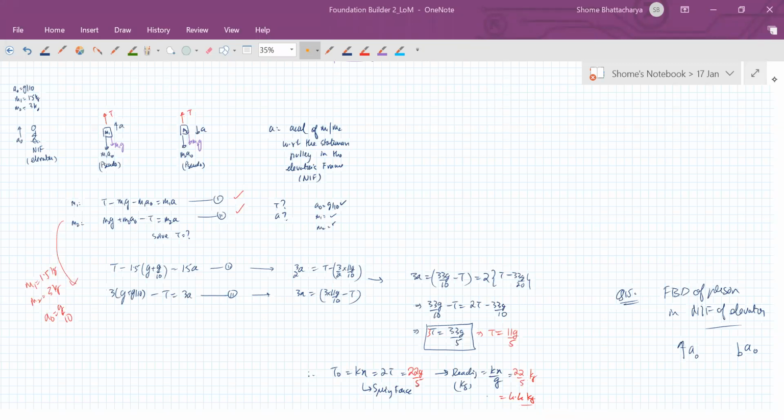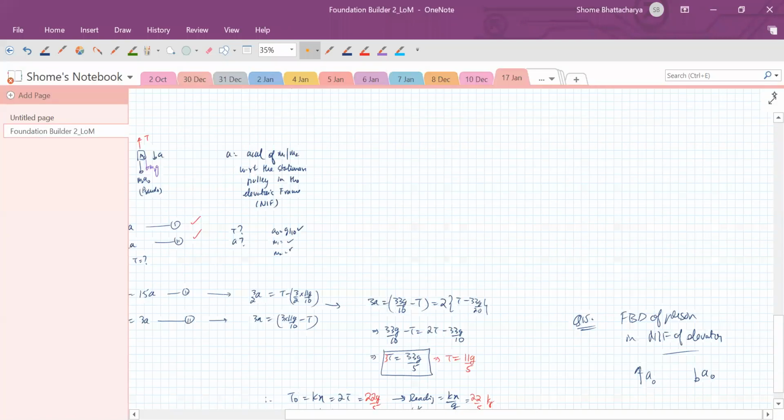Okay, Harsh, I'll show you the working of the spring balance and the weighing machine, both the things. Okay.